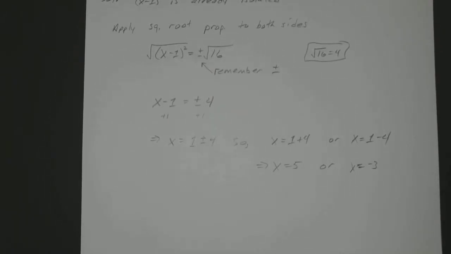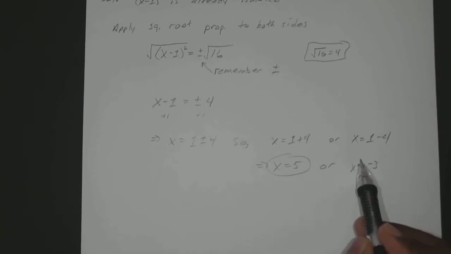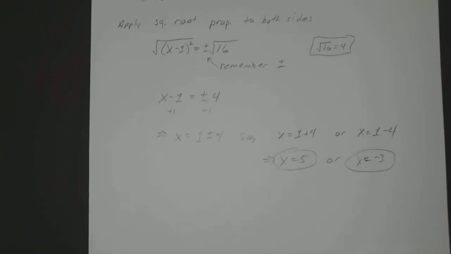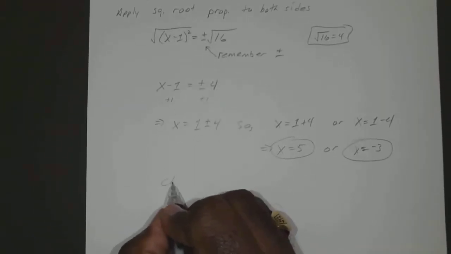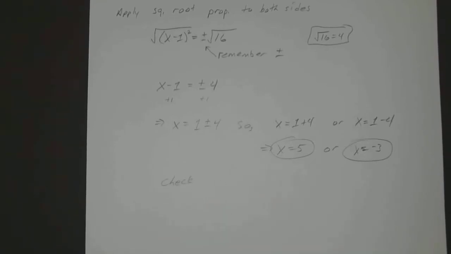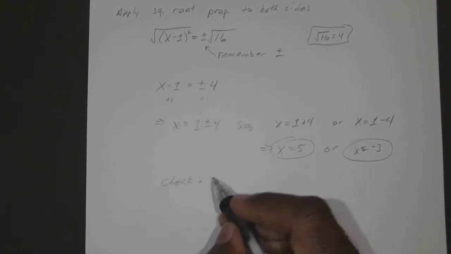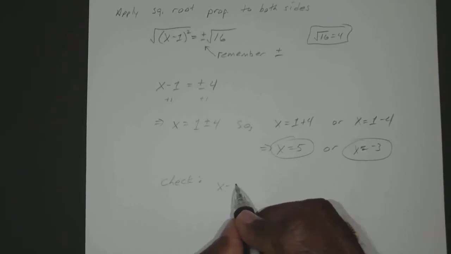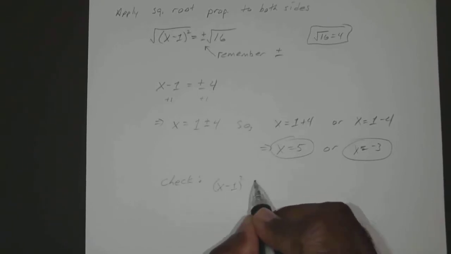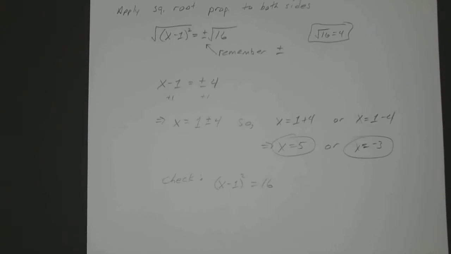And if you wanted to check them, you can by just plugging them into your original equation. And we'll do a quick check. Okay, so that's x minus 1 squared equals 16.